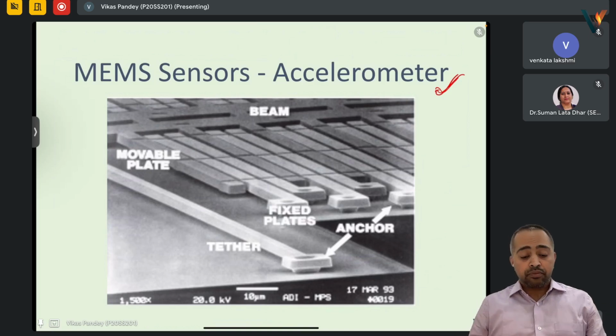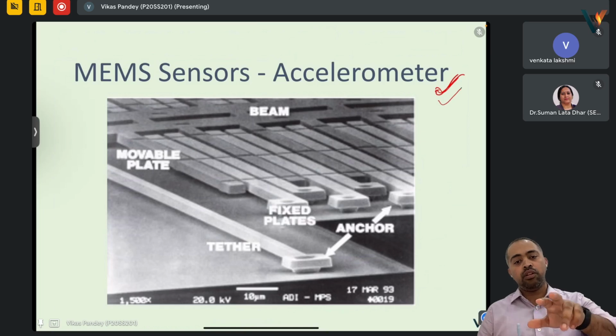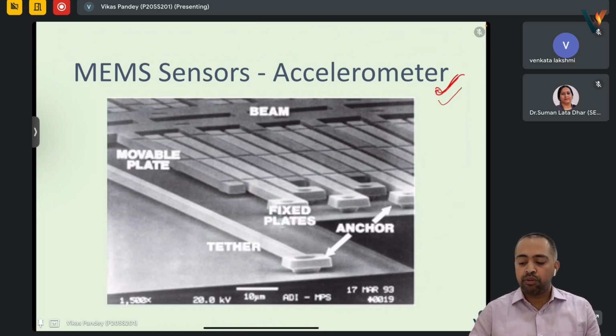Here, although the structures are mechanical, like they have moving objects and moving parts, the whole process is being done over the top surface only. And here we will be using surface micromachining.